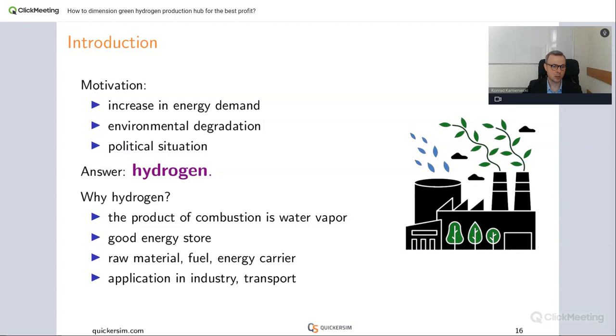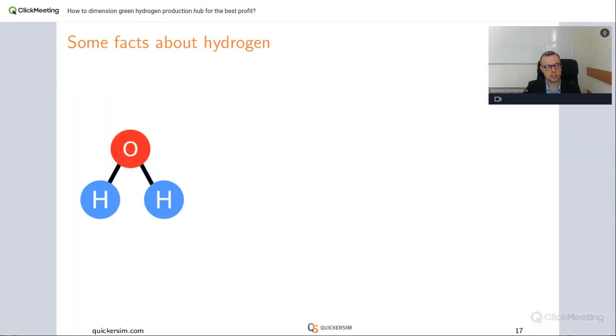Hydrogen can be used as a raw material for many processes, can be used as fuel, for example, in waste boilers, and can also be used as an energy carrier. We can apply hydrogen in many industry areas. We can also use it in transportation, especially in heavy duty transportation, like trucks, ferries, and trains. So there are a lot of advantages with hydrogen.